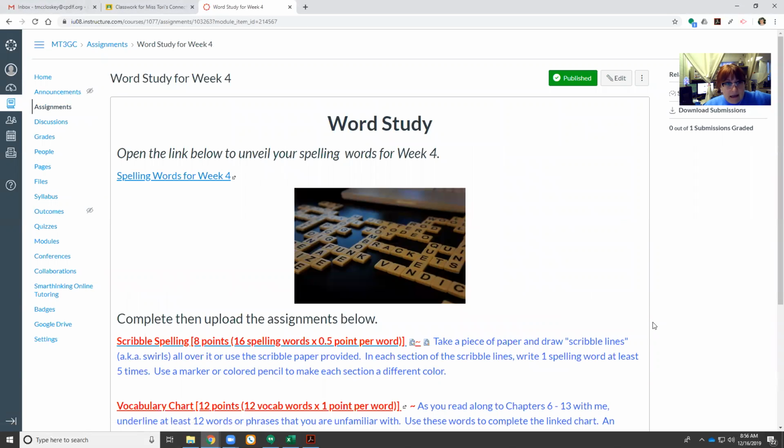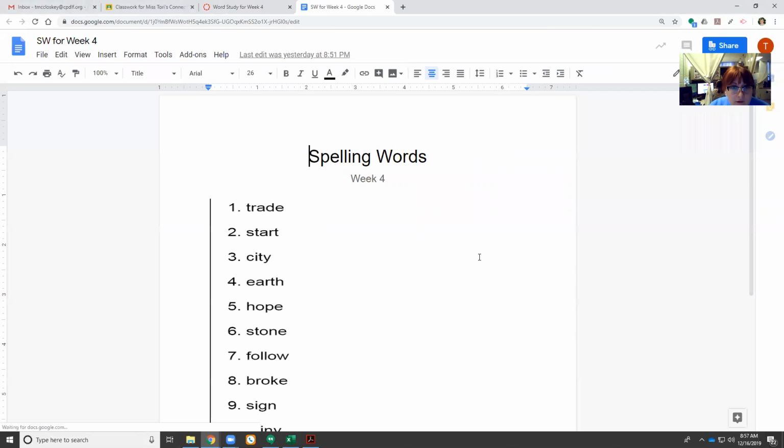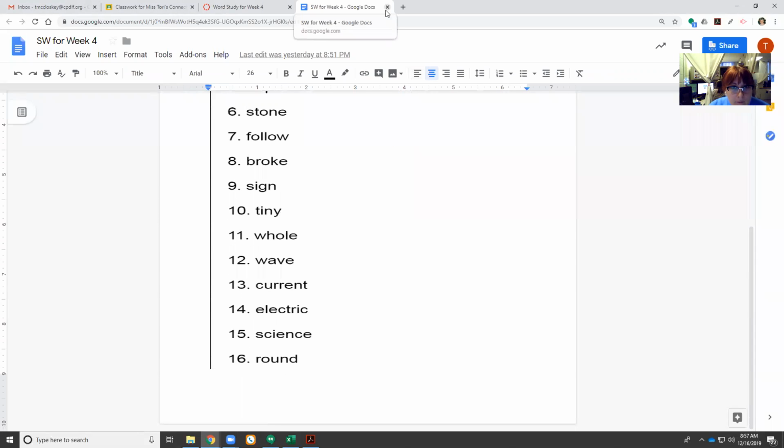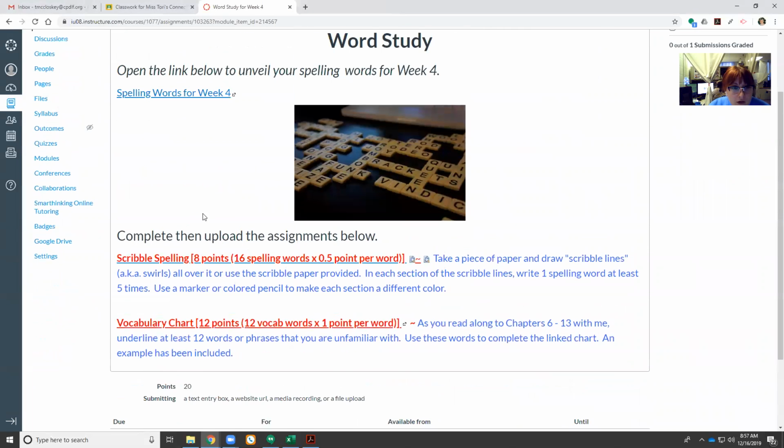Okay, word study. Open the link below to unveil your spelling words for week 4. So click on the link, and then you have your list of spelling words for the week. For your spelling assignment, you're going to do scribble spelling. So I'll open that up for you.